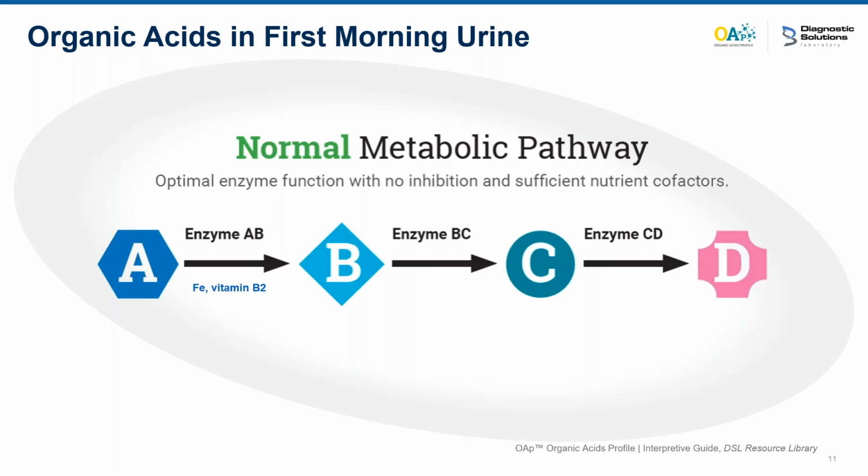Okay, so before we dive in, I know I'm excited to get to this case with you guys, but let's just talk a little bit about the premise of organic acids, because it's not very intuitive. Organic acids are metabolic byproducts. They are intermediates, and they are not nutrients themselves, right?